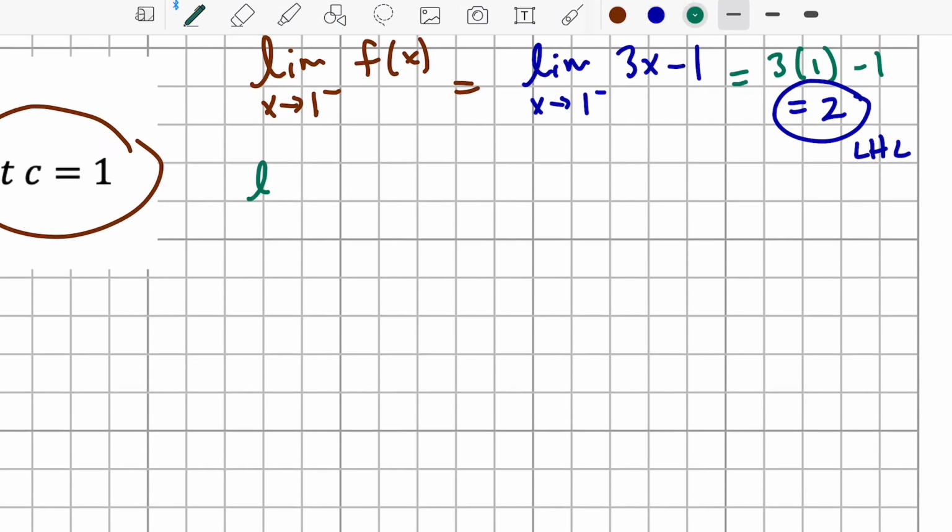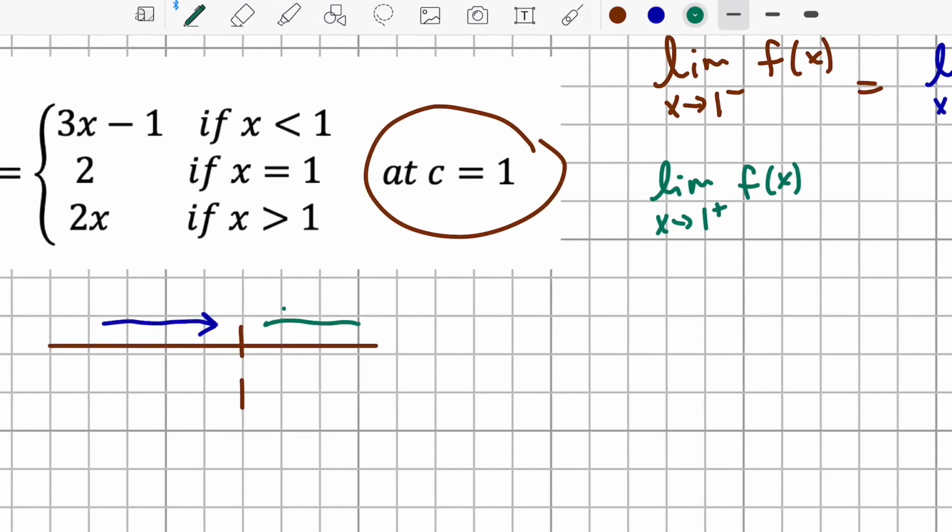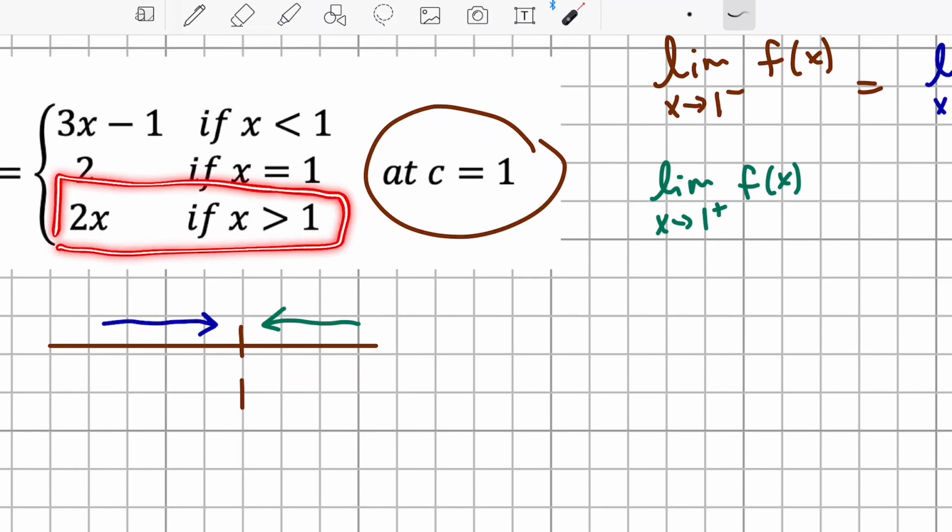Now we want to find limit as x approaches 1 from the right of f of x. Now, if we go back to this and we're approaching from the right, you have to consider all these values to the right of 1. That means that they're all bigger than 1, greater than 1. So this is the function that we want, the one that is greater than 1.